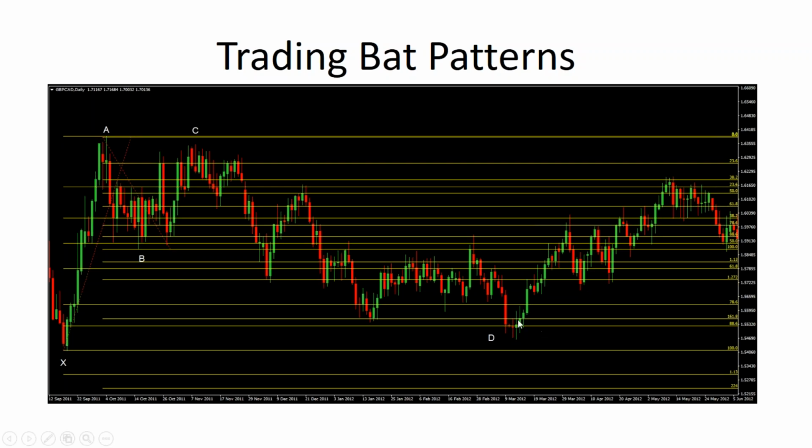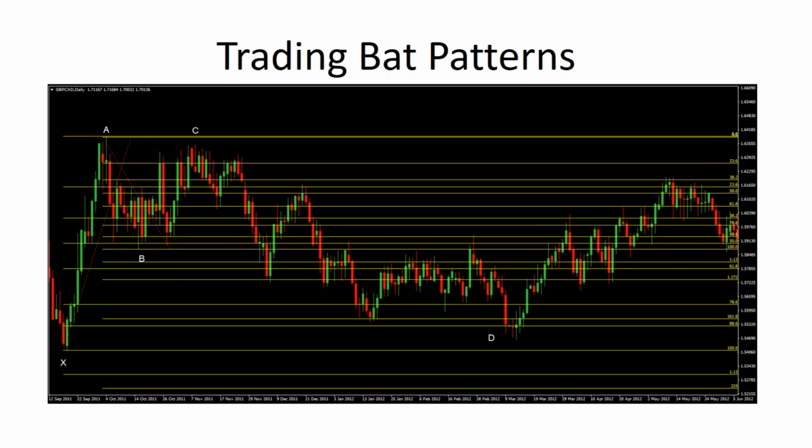And the most important thing is the confluence between this 161.8% extension of the AB leg and the 88.6% retracement of that AB leg. You can see they both come in here at roughly the same level. Price trades down, we hit that level, which gives us the completion of our pattern and our buying zone at D, and then from there price reverses sharply higher.